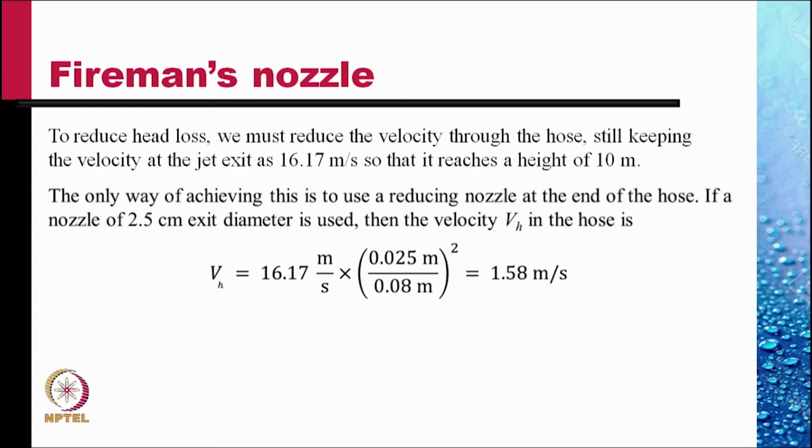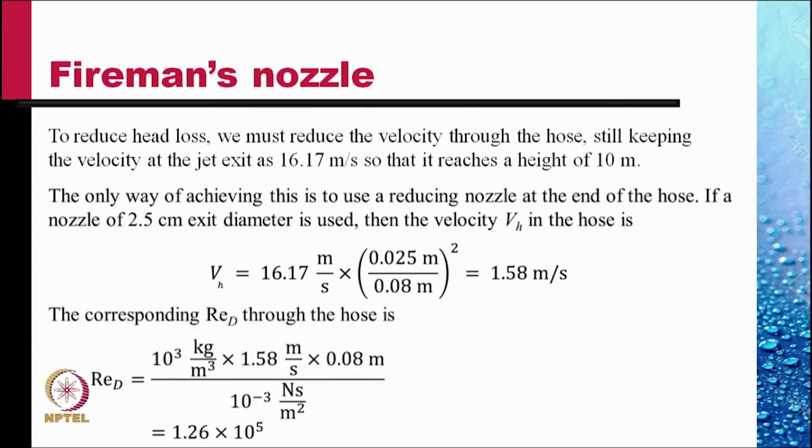So while the velocity in the jet is still 16.17 meters per second, the velocity within the hose is 1.58 meters per second. The corresponding Reynolds number through the hose is now reduced to 1.26 × 10^5.